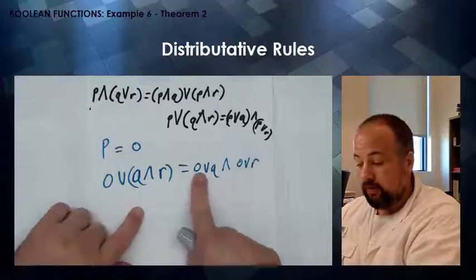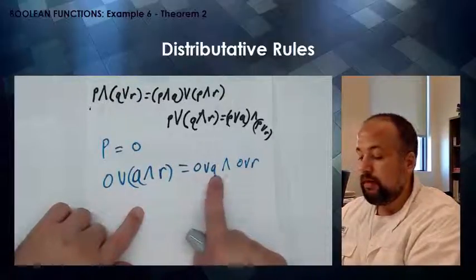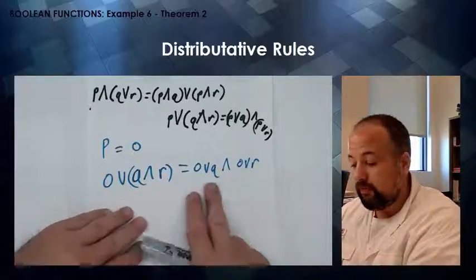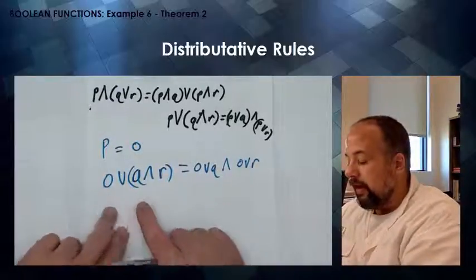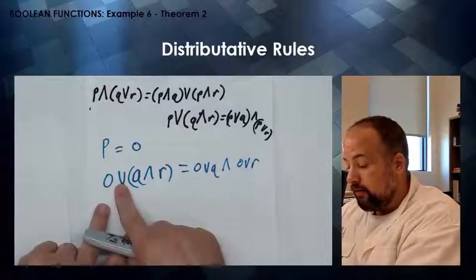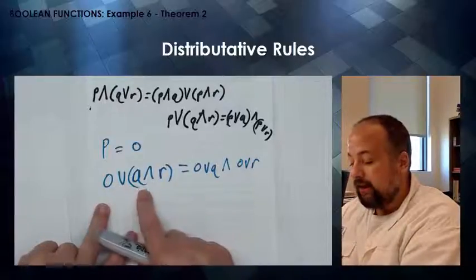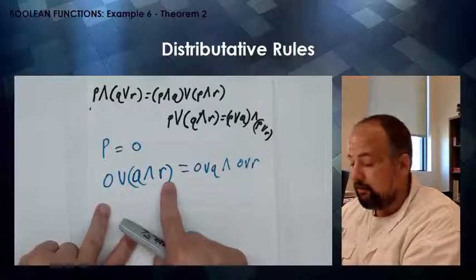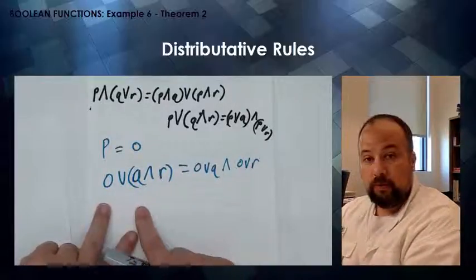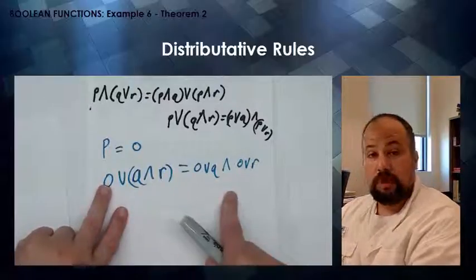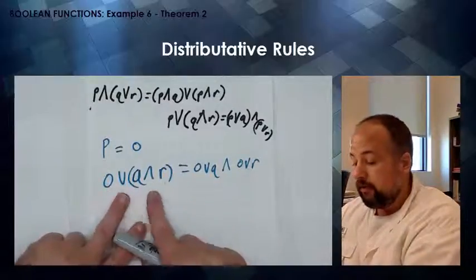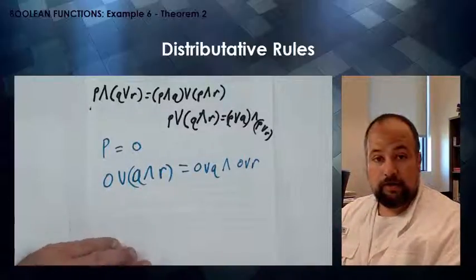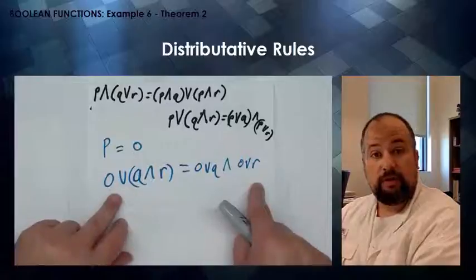Agreed, right? Because we're anding these two together, and we know that the 0 is not going to contribute a 1 to each equation. On this side, because we are anding them together here, both Q and R need to be 1 for the entire output to be 1, because this side's 0. So in this case, for the output to be 1, both Q and R need to be 1, right? In all of the other cases, the output's going to be 0 for both of them, so they're the same.